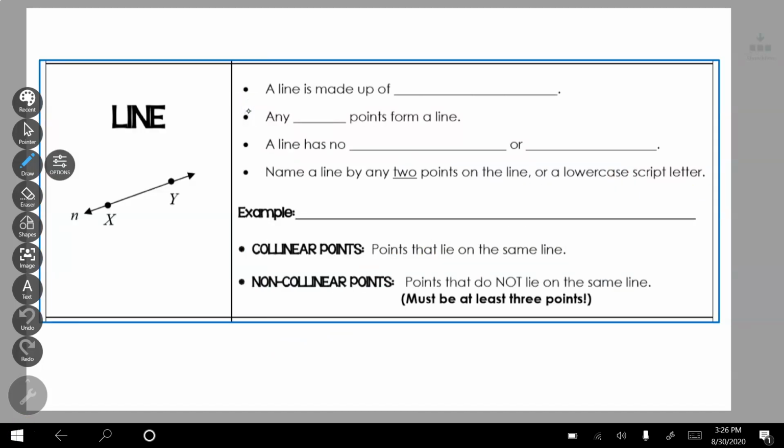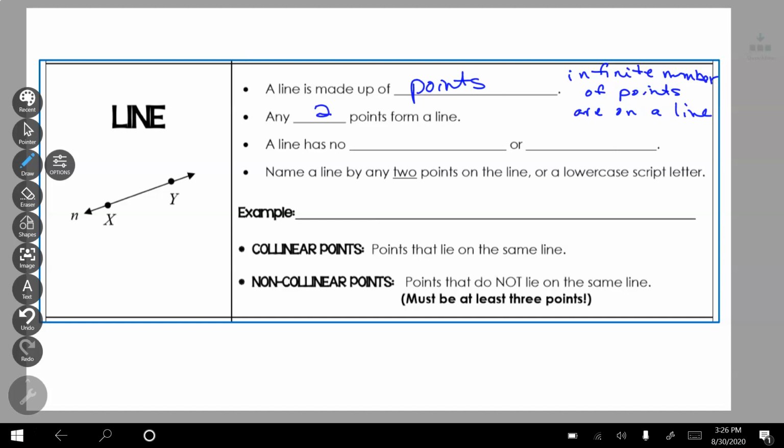The next thing we're going to look at is a line. A line is made up of many points. In fact, an infinite number of points are on a line. But if you want to draw a line, all you need is 2 points to draw it. In this case, we have points X and Y to draw this line.